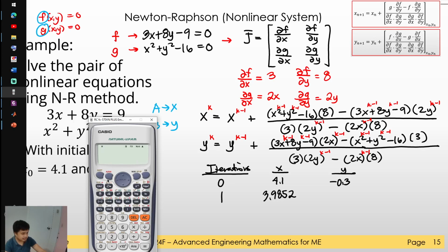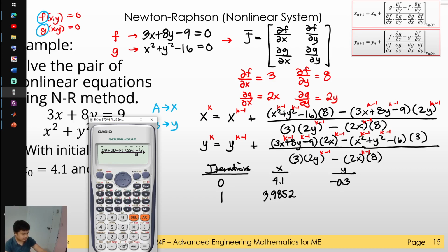Okay, and then for the next one, we will use a new iteration function. So for y, we have b plus 3a plus 8b minus 9 times 2a, minus a squared plus b squared minus 16 times 2.